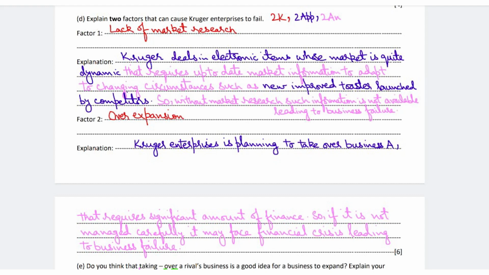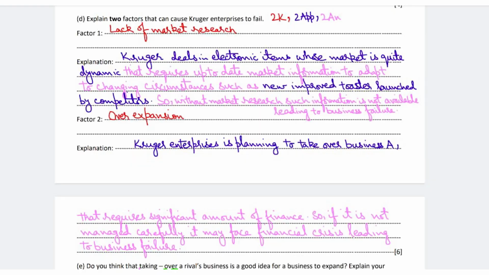Now further, without market research, such information is not available. So now I am showing the impact of it, what is the cause of business failure, why lack of market research can be a major cause of business failure. The last line is: without market research, such information is not available, leading to business failure.